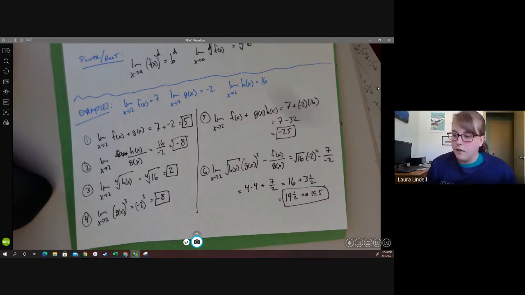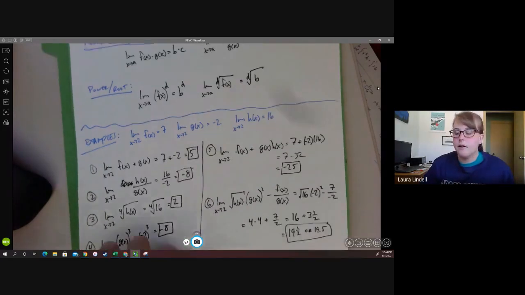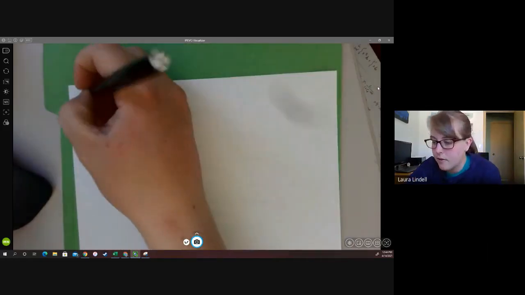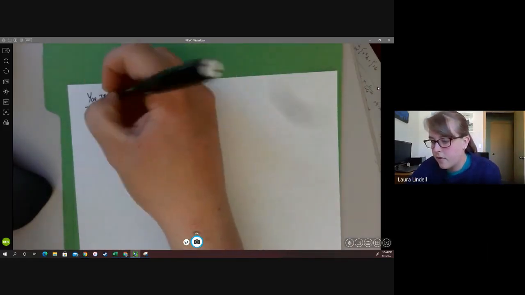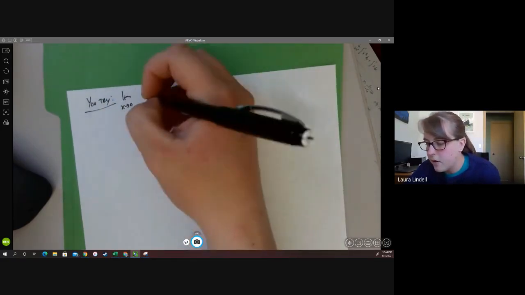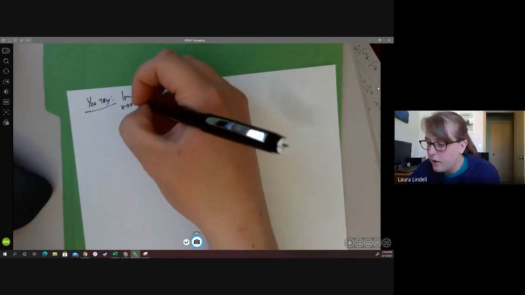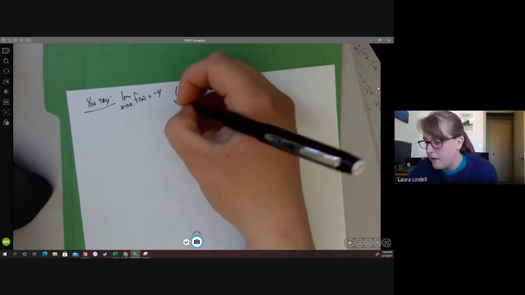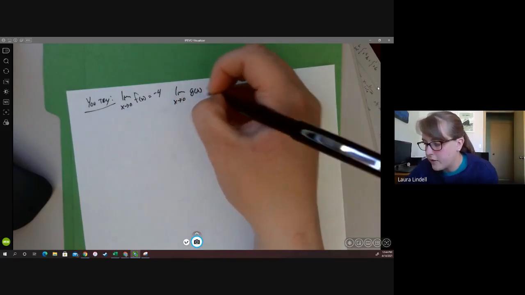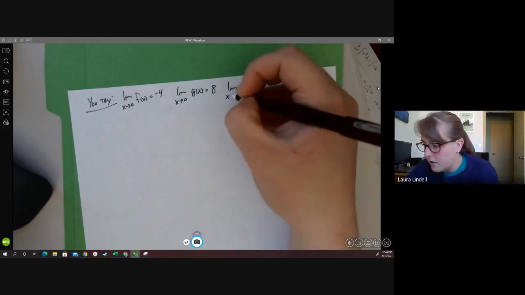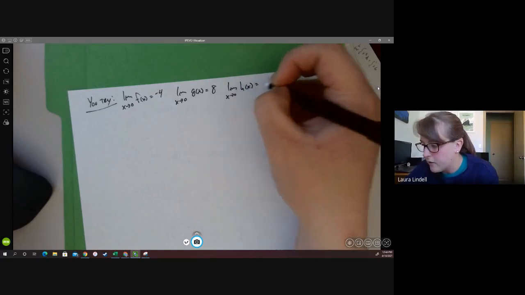Then, let's see. We'll go ahead and try a couple here and then get the assignment. We're going to use the limit as x goes to 0 of f of x is -4. Limit as x approaches 0 of g of x is 8. And the limit as x approaches 0 of h of x is 9.